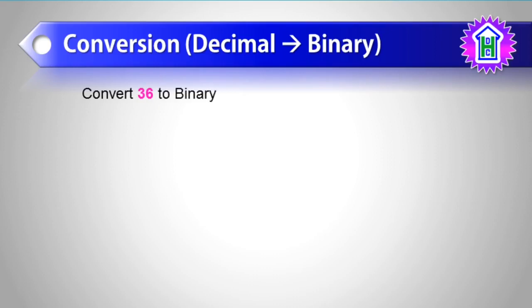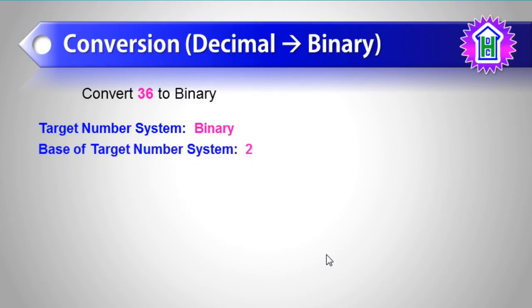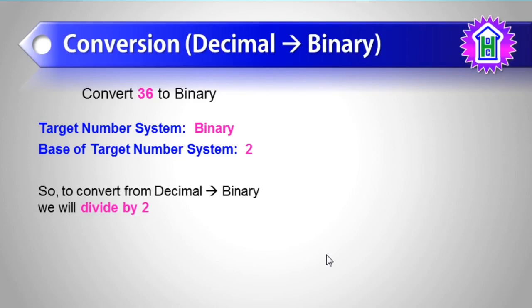So we are converting a decimal number 36 to binary. Target number system is binary. Base of target system is 2. So to convert from decimal to binary, we will divide by 2.